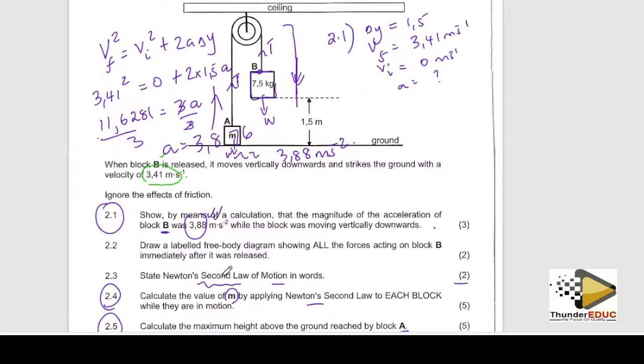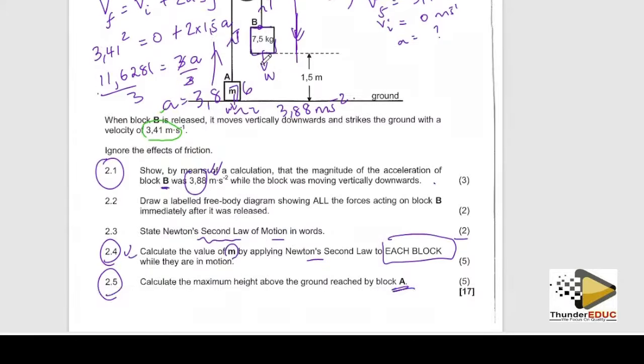Because that would have been the other option that we could have used to get 2.4, when you're calculating the thing. But since they wanted it on each block, that's why we worked it out separately. So with 2.5, since the whole system is using the same acceleration, when block B strikes the ground, that would be the velocity with which block A will also be moving upwards.